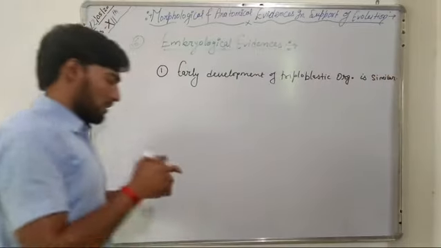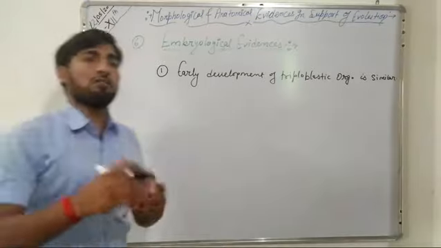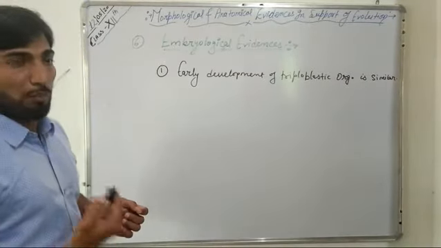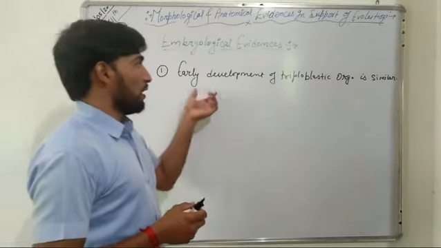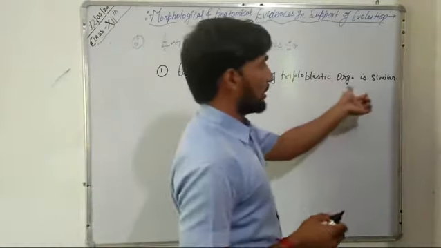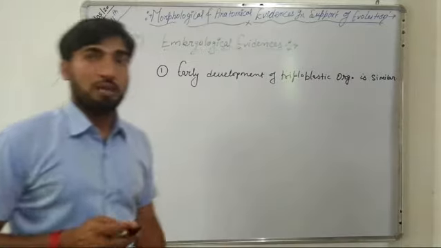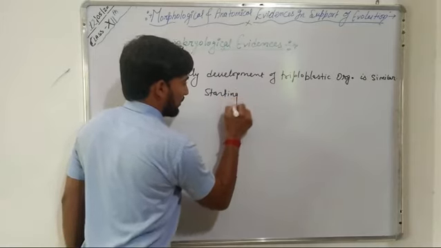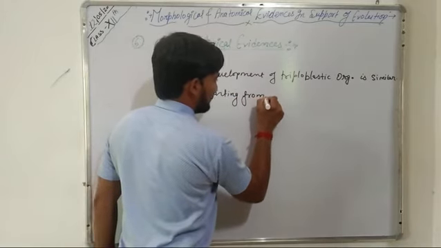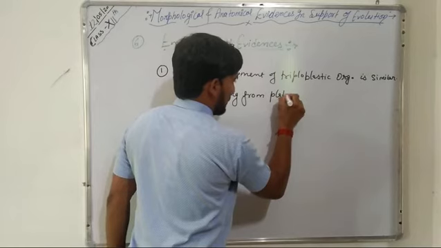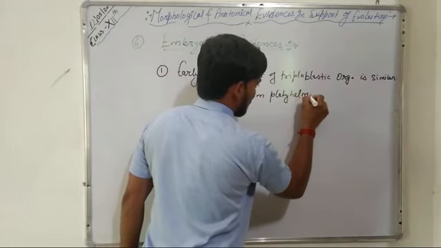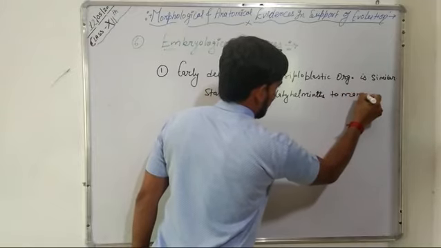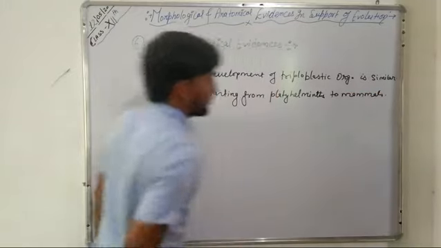That means all these triploblastic organisms have some common ancestor. That's why in these organisms the early development of the embryo is similar. So early development of triploblastic organisms is similar in all organisms, starting from platyhelminths to mammals.